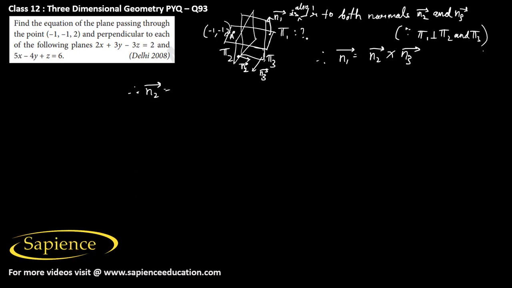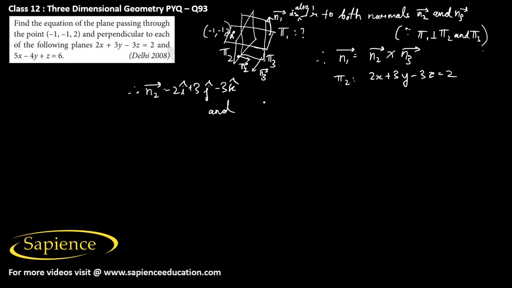The equation of the plane pi2 is given as 2x plus 3y minus 3z equals 2. Therefore, n2 vector, the normal to the plane pi2, will be 2i cap plus 3j cap minus 3k cap.